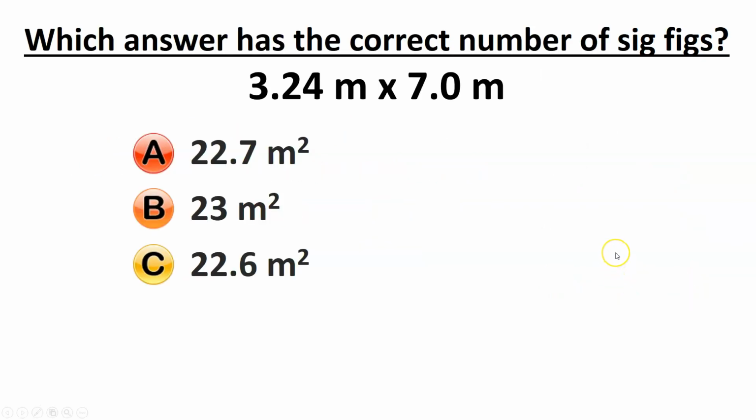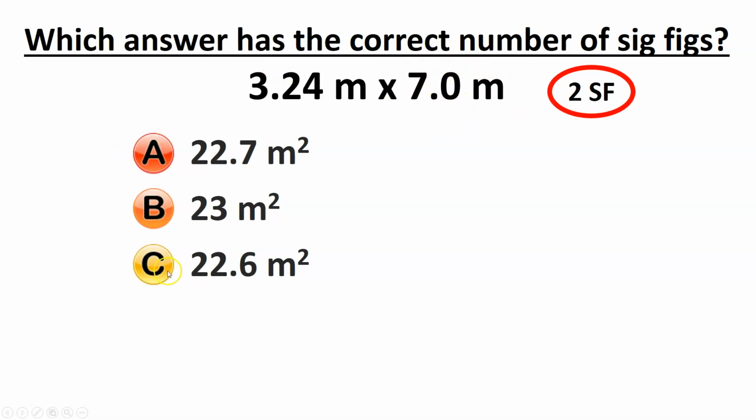So give this one a try. Punch that in your calculator. Or, if you notice, these are all basically the same answer with different number of sig figs, right? And if I look up here, I can see instantly that I'm limited by 2 sig figs because of this 7.0.